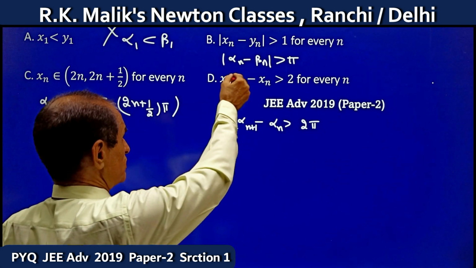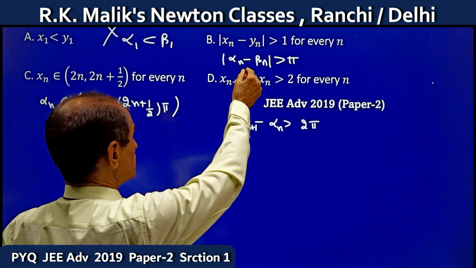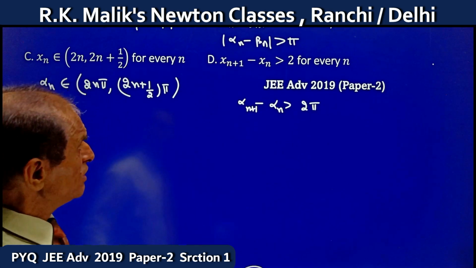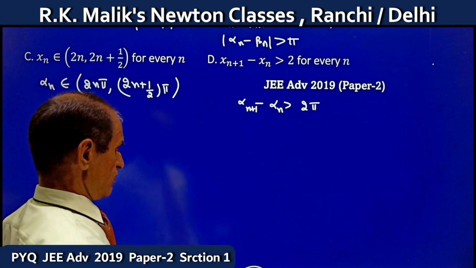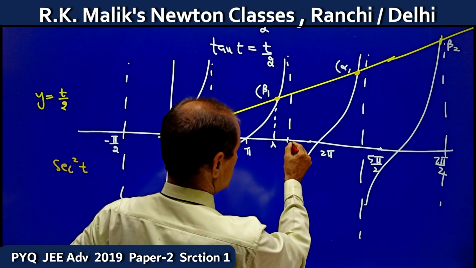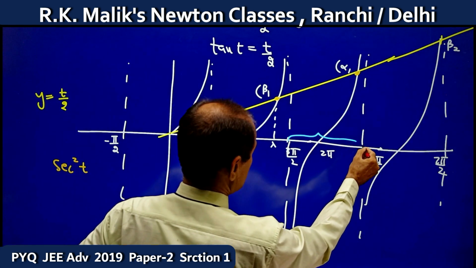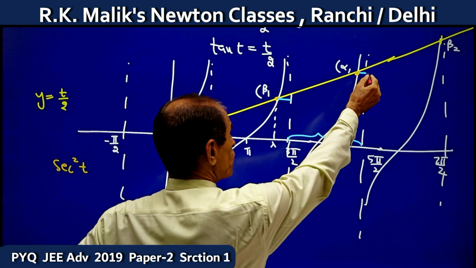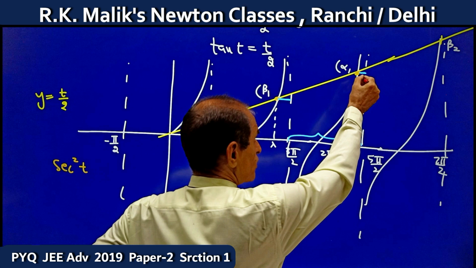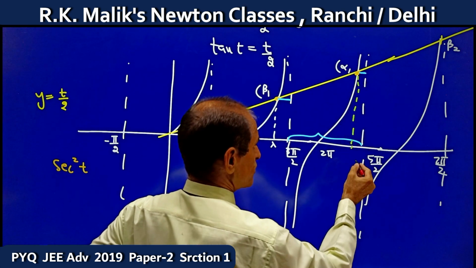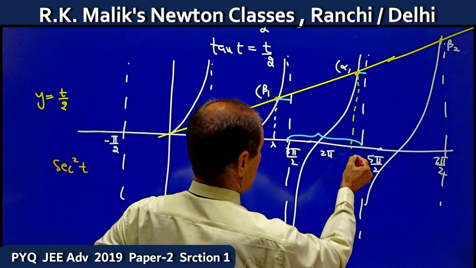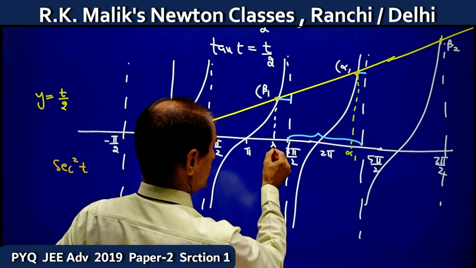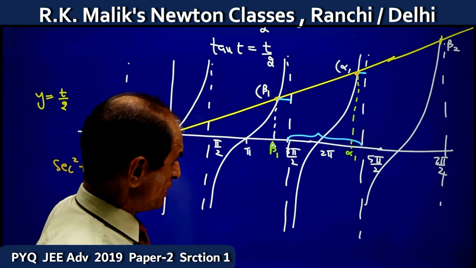And now we have to check this thing: mod of alpha n minus beta n is greater than pi for every value of n. Let us check for n equal to 1. It is clear that this length is pi. Clearly this length is more than this length. Therefore, this has x coordinate alpha 1. This I have proved, that this point has x coordinate beta 1.